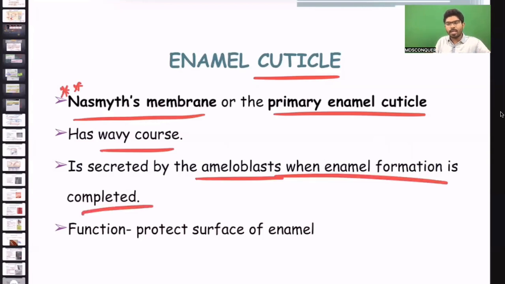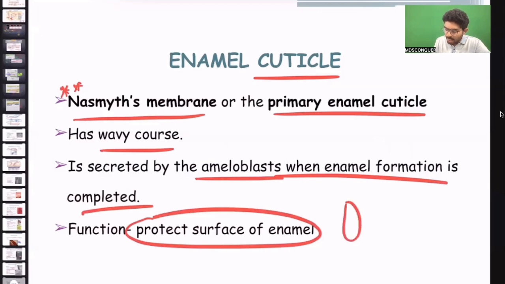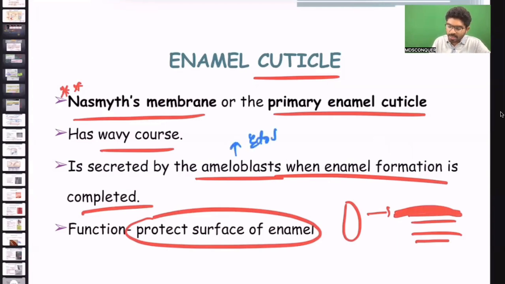Ameloblasts form the enamel, and in the last step they secrete a layer called the primary enamel cuticle, which protects the entire enamel. That is the last job done by ameloblasts. Ameloblasts originate from which germ layer? Yes, ectoderm.